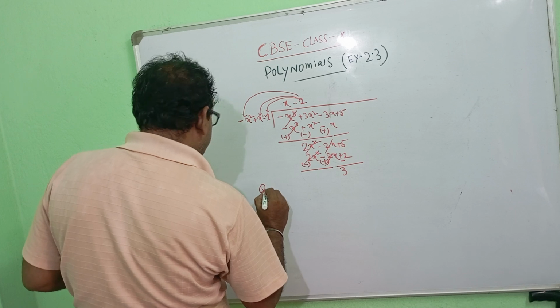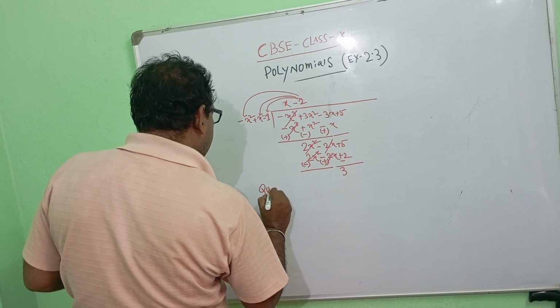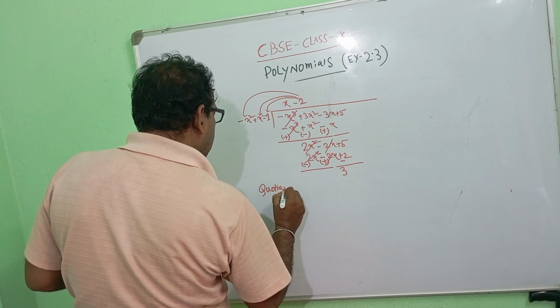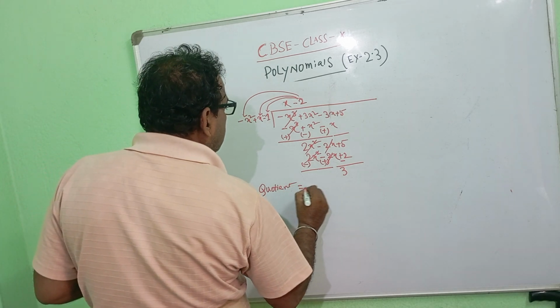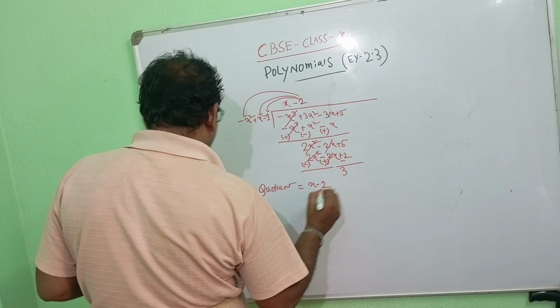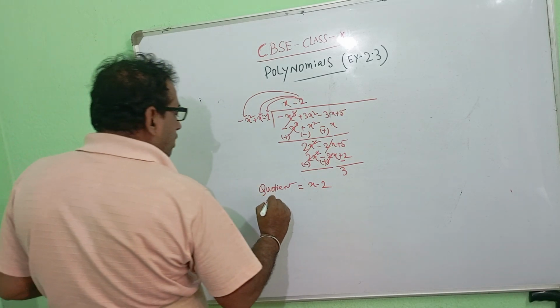Quotient. Quotient is equal to x minus 2.